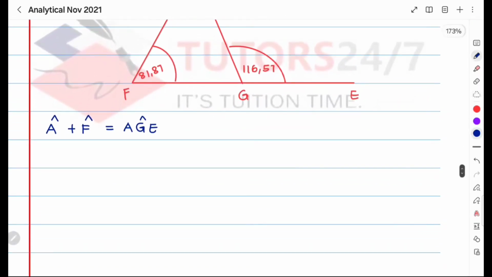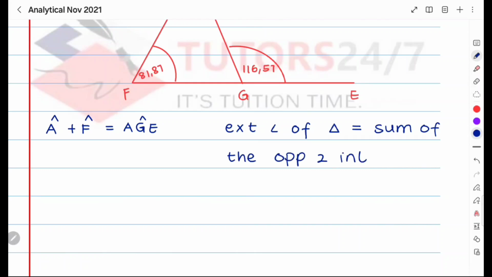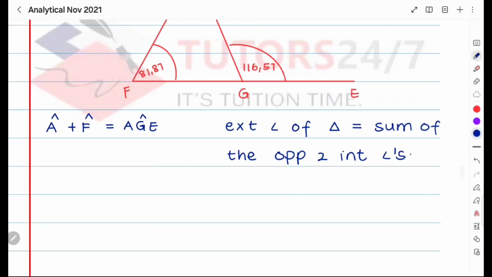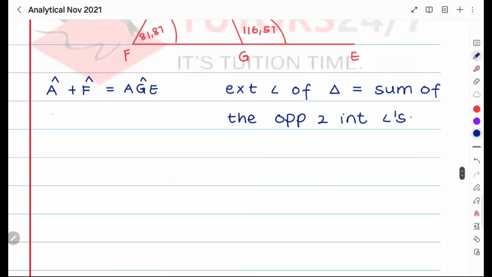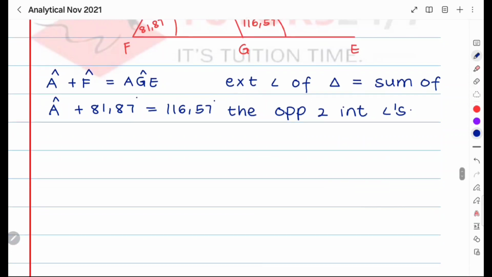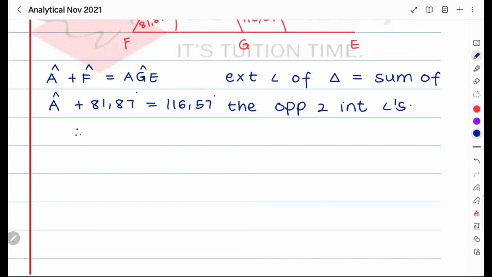Our reason for this is the exterior angle of the triangle is equal to the sum of the opposite two interior angles. So from here we can substitute F as 81.87. We can substitute AGE as 116.57 and put this into our calculator.